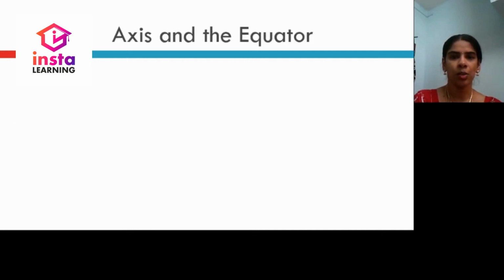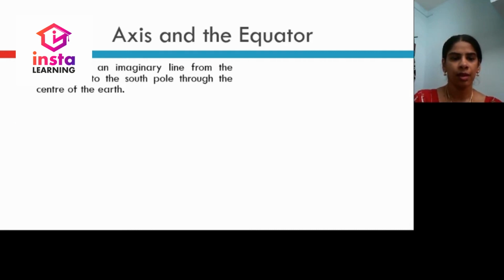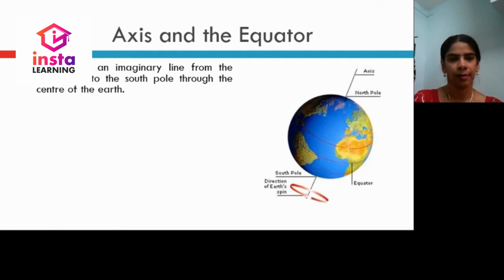Axis and the equator. The axis is an imaginary line from the North Pole to the South Pole through the center of the earth. The axis of the earth is tilted.